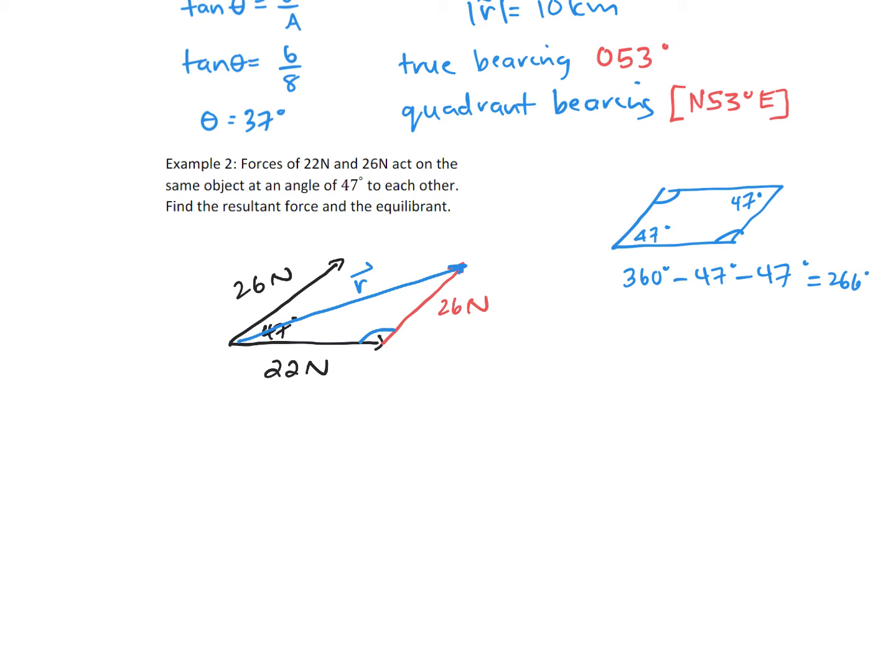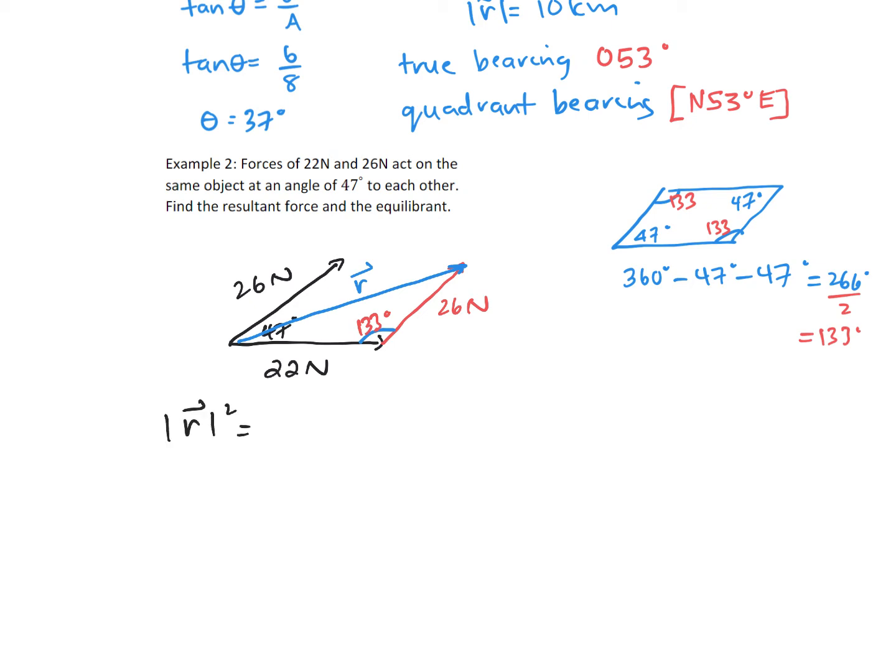Then these two angles would be equal, so I'll divide that by 2, which is 133. So this angle is 133 and this angle is 133. Now I know this angle here is 133, and I'm going to use the cosine law because I have an angle in between two sides. So I'm going to find the resultant.